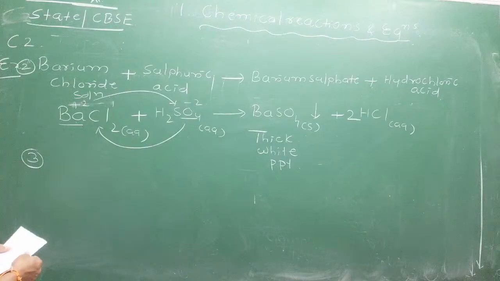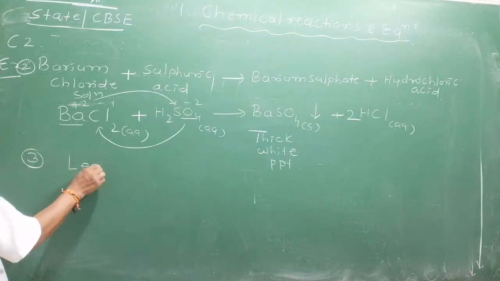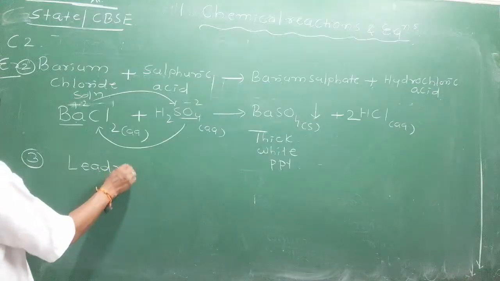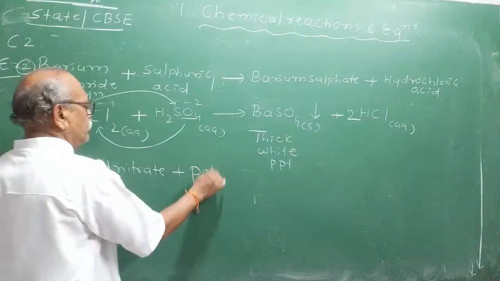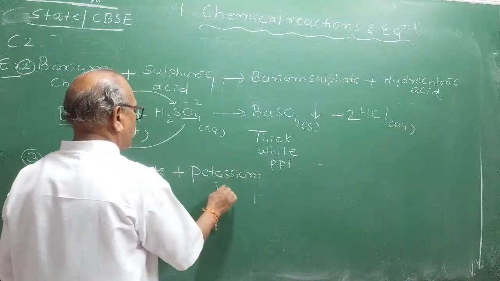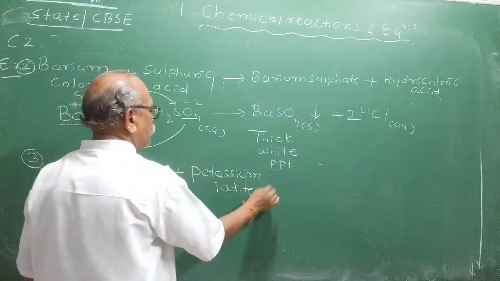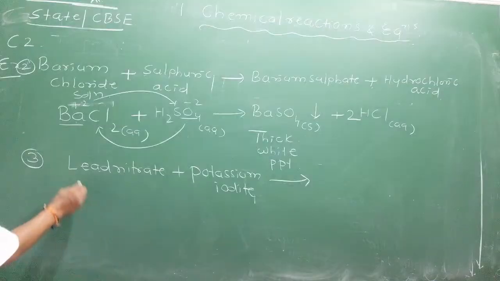You take another example. When you pass lead nitrate solution, colorless, when you add potassium iodide, these are the reactants. What is the formula of lead nitrate?